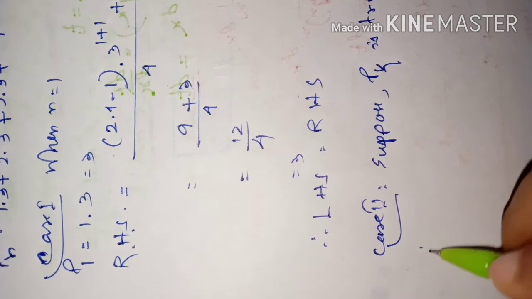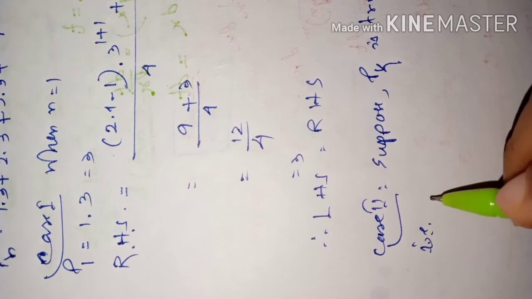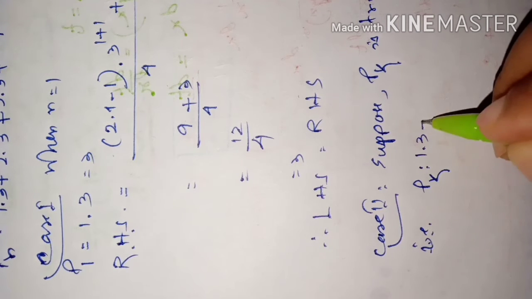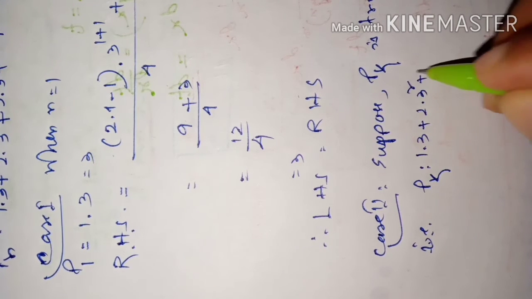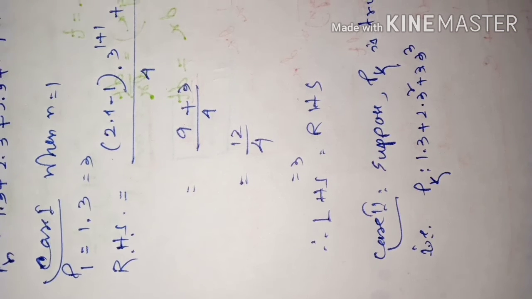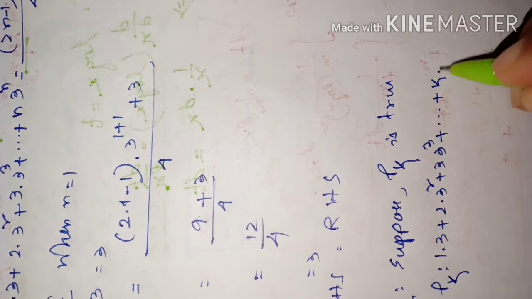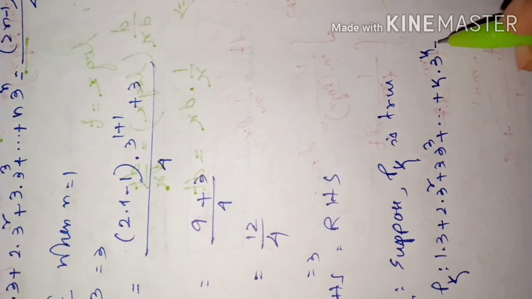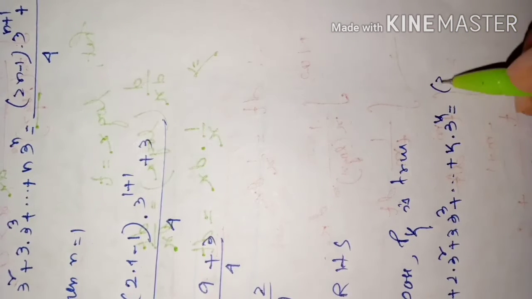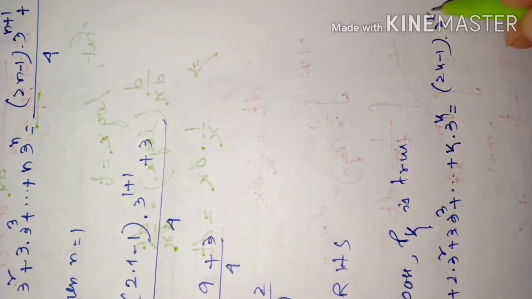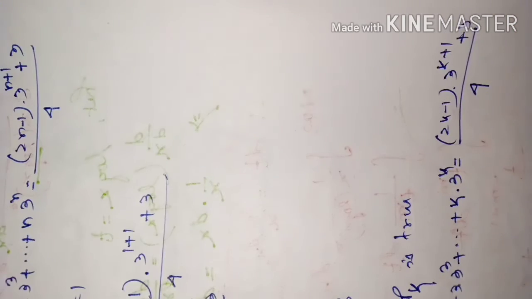That is, P of k: 1 into 3 plus 2 into 3 square plus 3 into 3 cube plus, up to, k into 3 to the power of k, is also equal to (2k minus 1) into 3 to the power of k plus 1, plus 3, divided by 4. Let us mark this as statement 1.